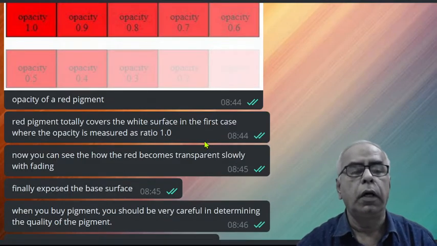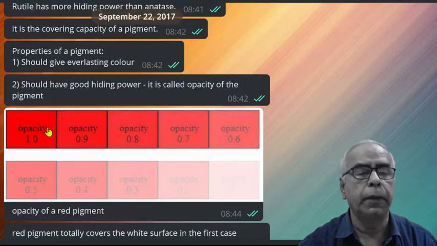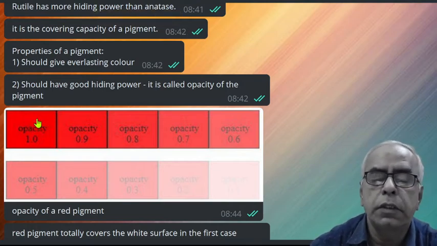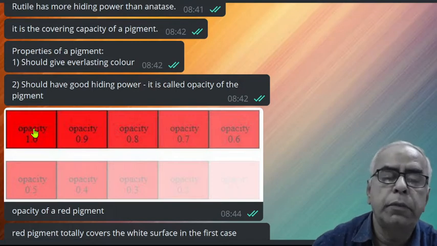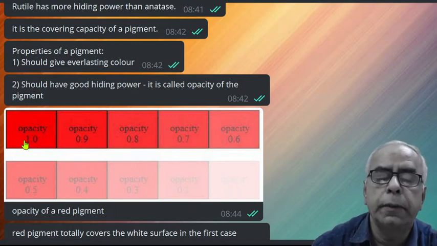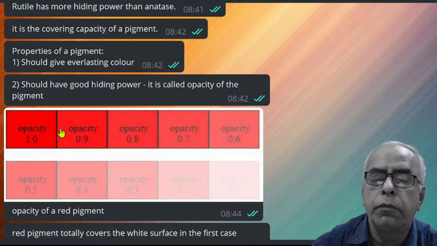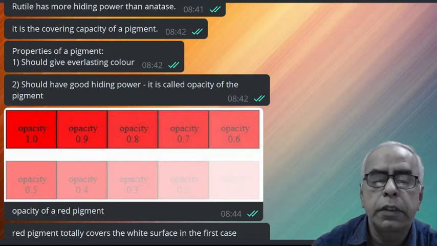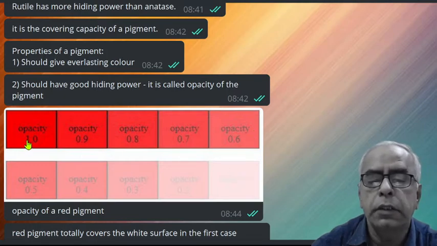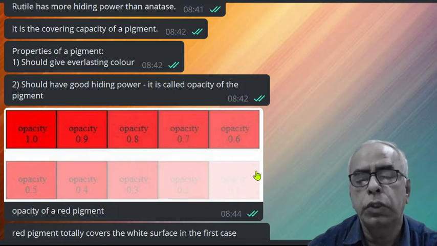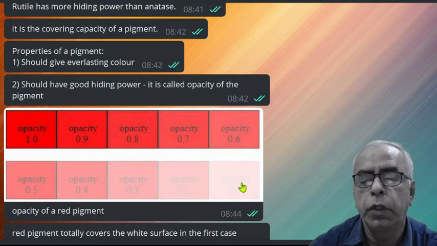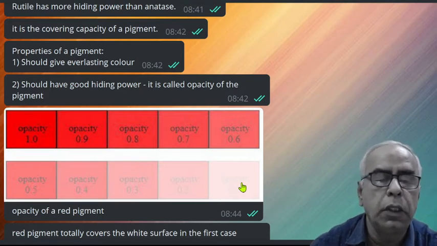Similarly, red pigment can be tried on the white surface. For instance, here we have tried the red pigment, so the opacity is superior here, is it not? And when it is coated with a different opaqueness, you can see its hiding power is the least as the opacity goes down here. So its coverage is very poor when the opacity is the least.